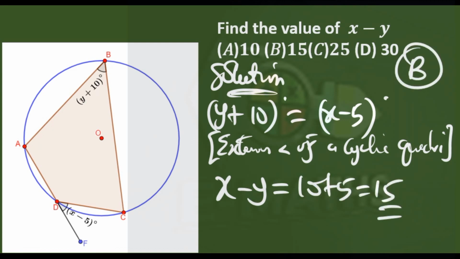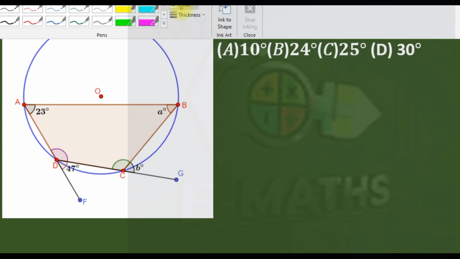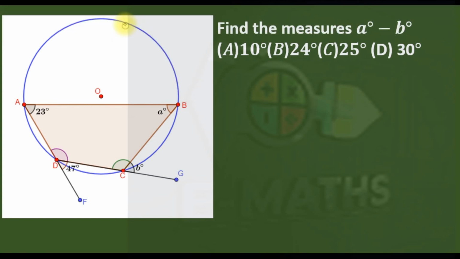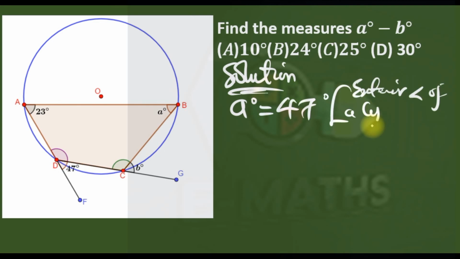Let's solve another one, the last one. We're asked to find a minus b. Using that same theorem, a minus b, from here you see that a is equal to 47 degrees. Yes. Why? Exterior angle of a cyclic quadrilateral.